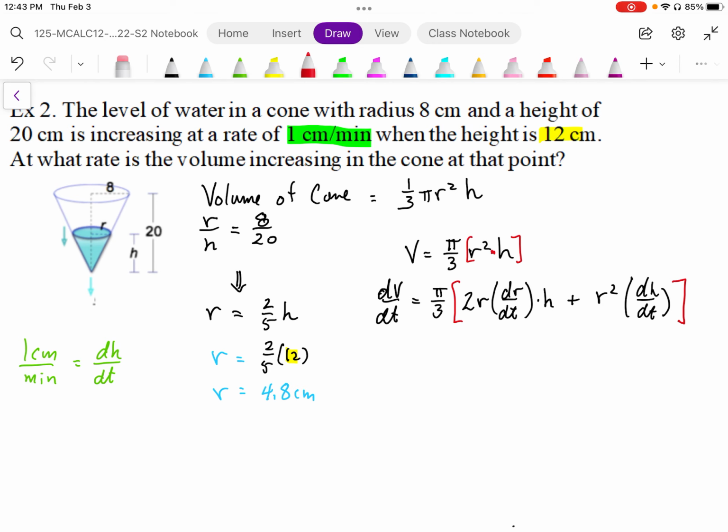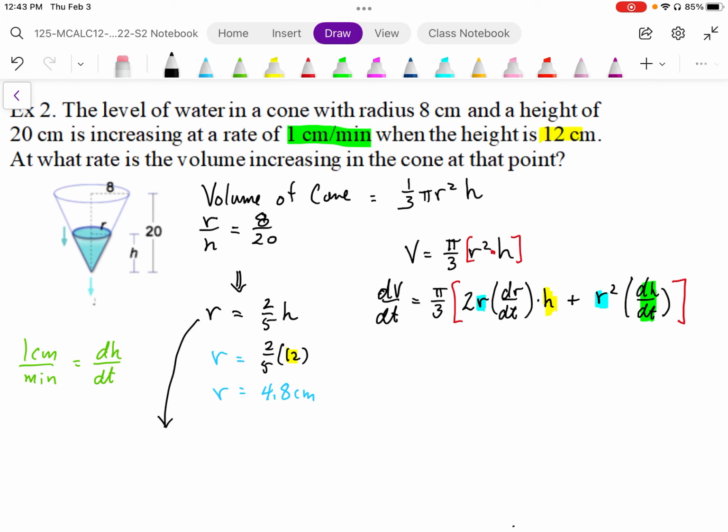Now, I need to then fill in these parts. So what parts do I know? Well, I know dh by dt, that was given to me. I've calculated the r value of 4.8, so I can put 4.8 into here. I was initially given the height of 12, so I know this part here. Really, I just need to know dr by dt. So how do I get dr by dt?